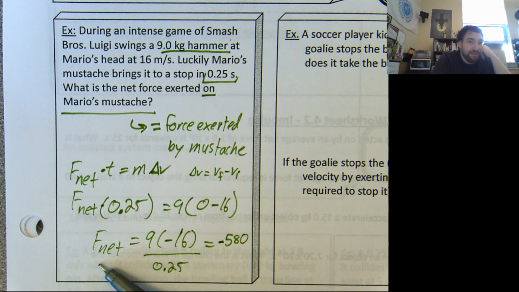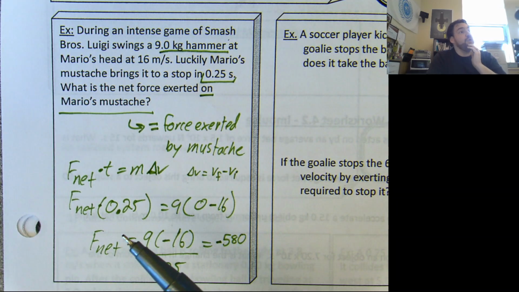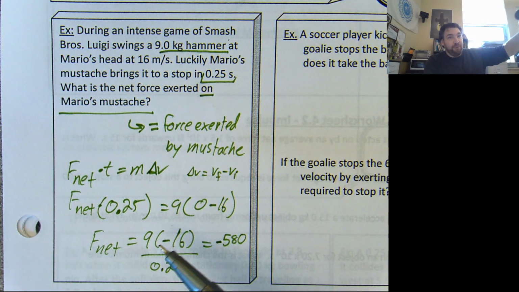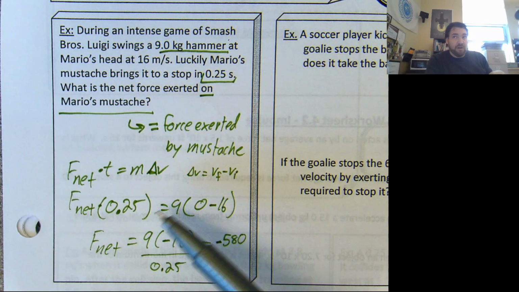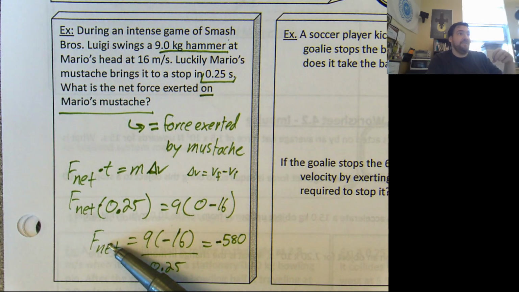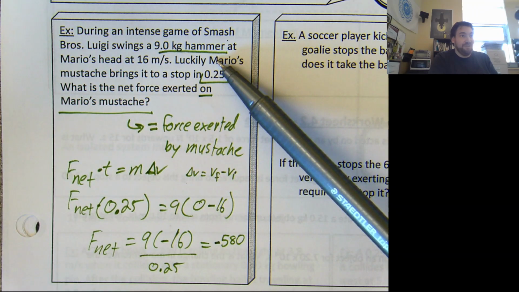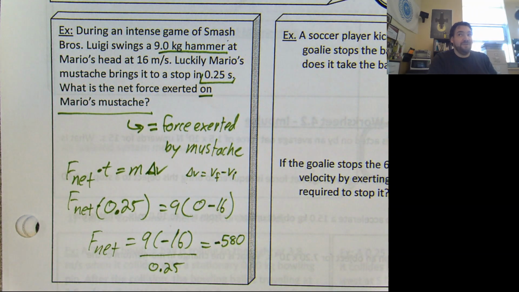What would that do to the force? It would decrease it. If somehow you could start the stopping process earlier, the net force on Mario, in this case, would decrease, which is interesting.